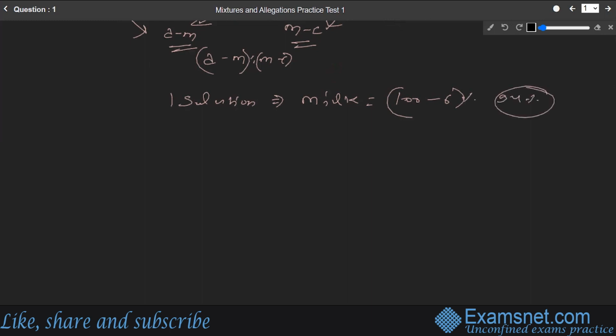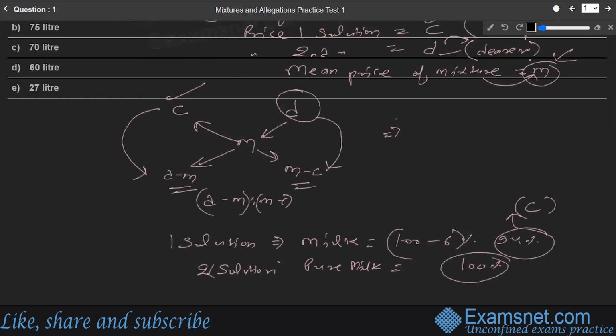And we have to mix this with the pure milk. The second solution is nothing but the pure milk, and obviously the pure milk to be added will have 100% milk content. So the two solutions are there. We can consider the 94% one as the cheaper one in the method given earlier, and the 100% one as the dearer one.